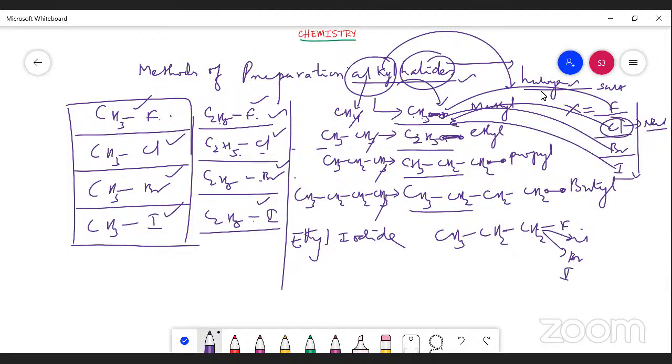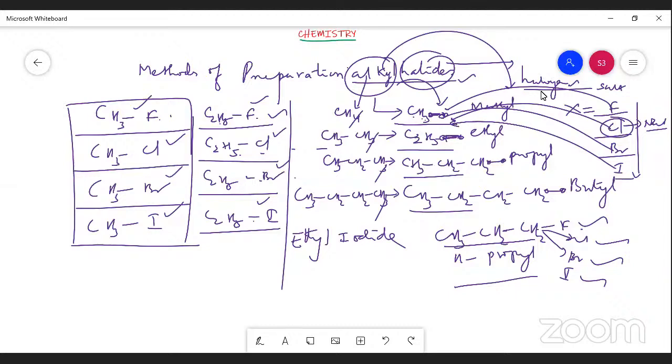Now you see propyl chloride, propyl bromide, propyl iodide, propyl fluoride. There are no branches here, so we write n-propyl. Next we are going to see the next concept.